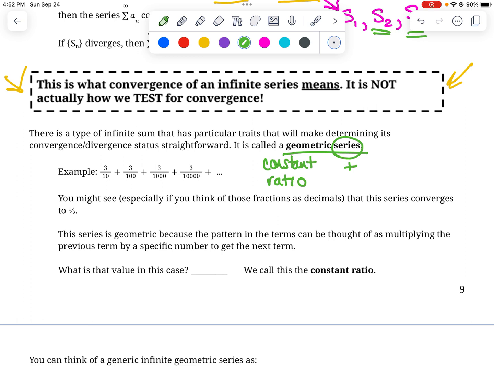Okay, so in this particular problem, I'm looking at this series, 3/10, 3/100, 3/1,000, 3/10,000, etc. Now, if you think of this as decimals, I think that especially can help you to see how we automatically know that this is going to be a convergent series, right? If you just think of adding these decimals together, right?